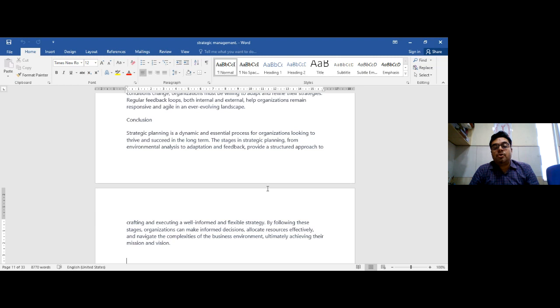Ultimately, that is in consonance with the mission statement and the vision statement of the organization. So this is in a nutshell the stages that we looked for in the process of strategic planning.